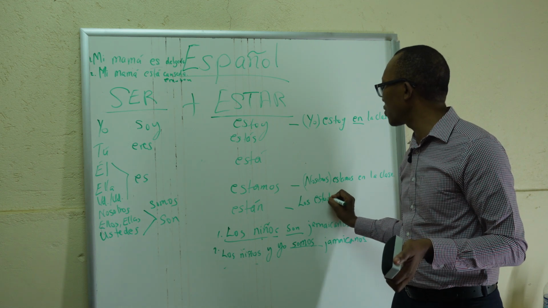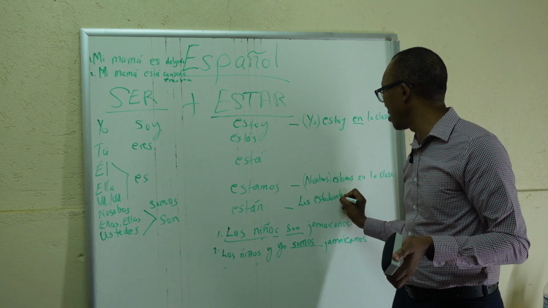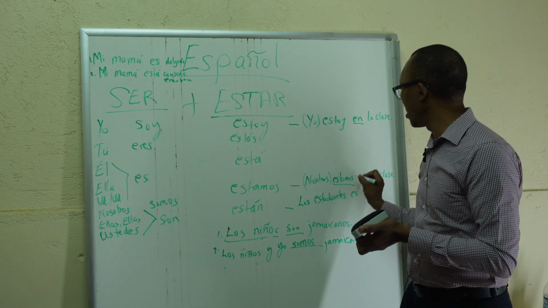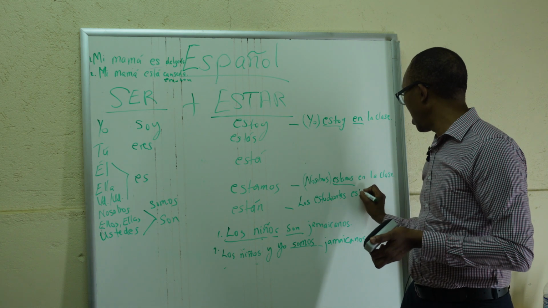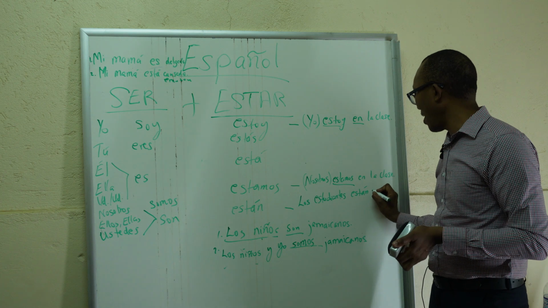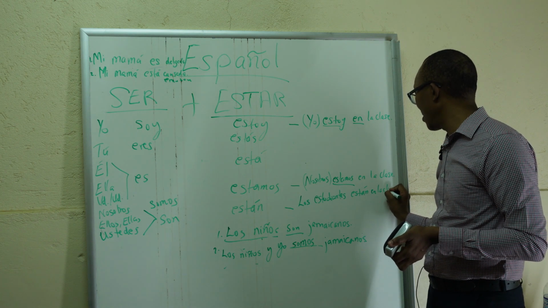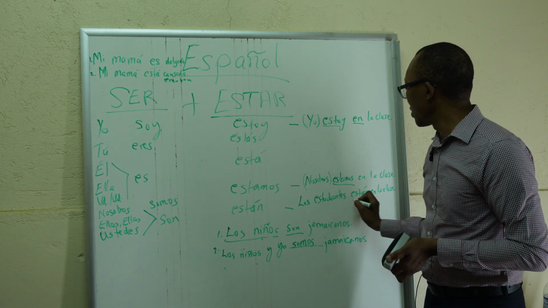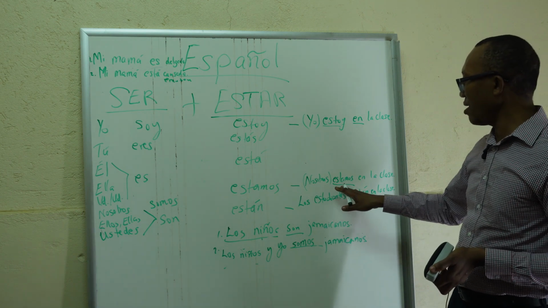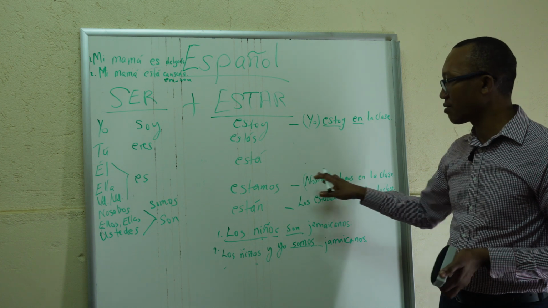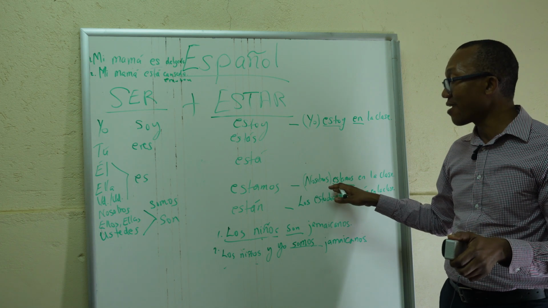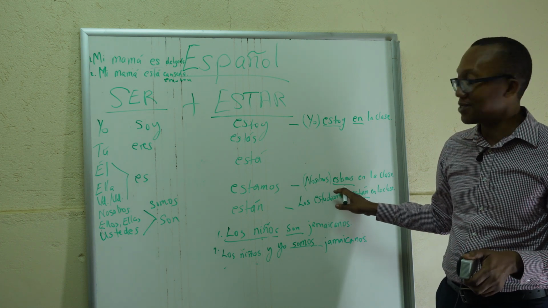So los estudiantes están, accent, always remember your accent, están en la clase. Right. So again, we see the difference, just like ser, we estamos, still MOS, we are in class.